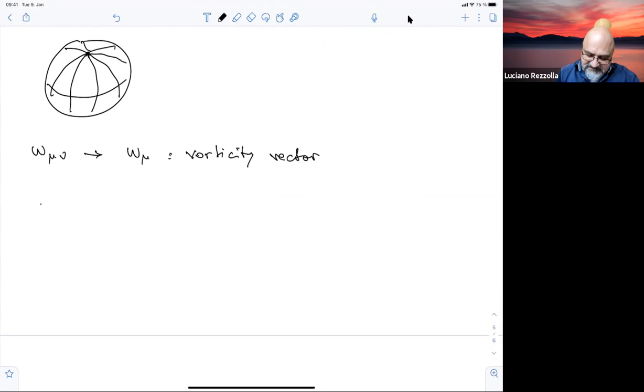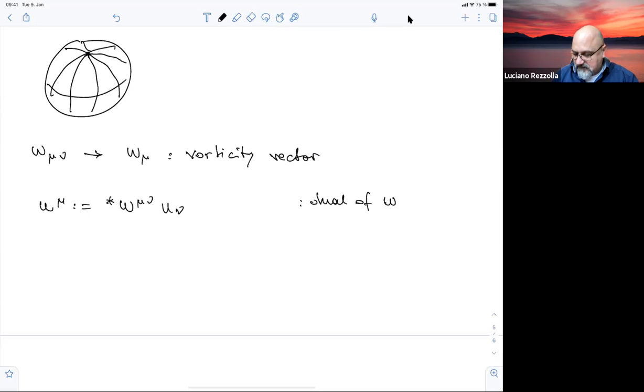And the vorticity vector is defined as the dual of the vorticity tensor in the fluid frame.